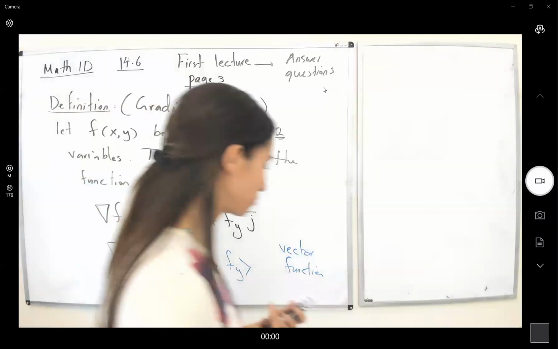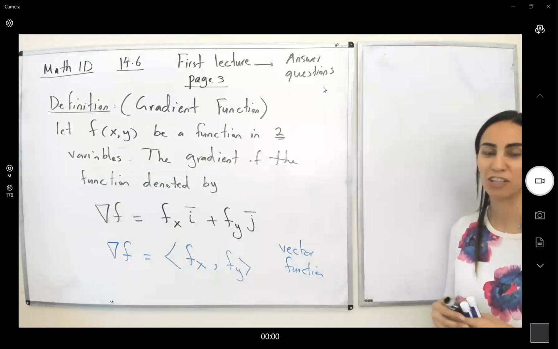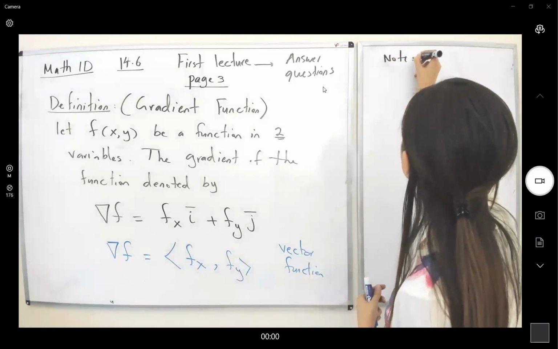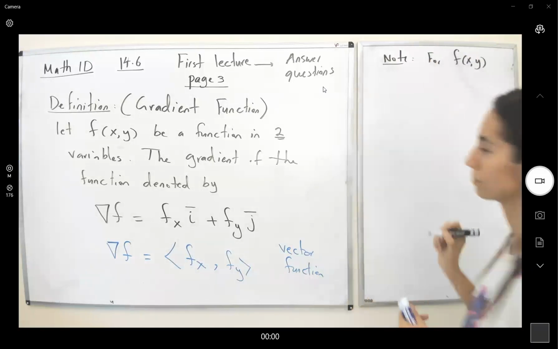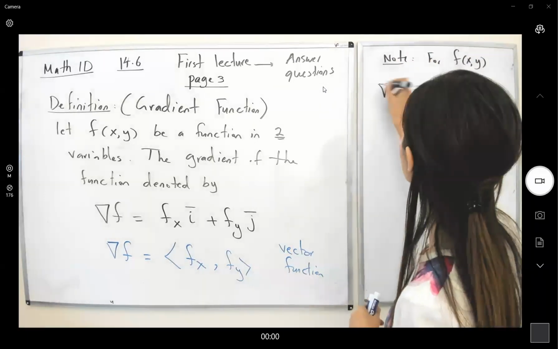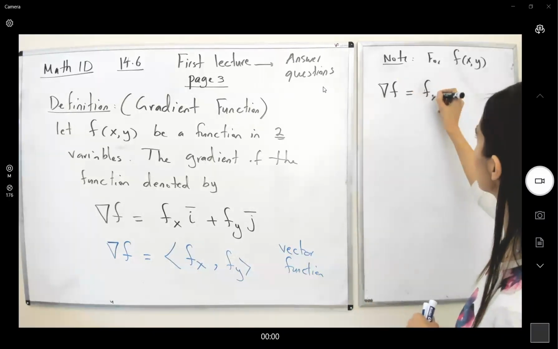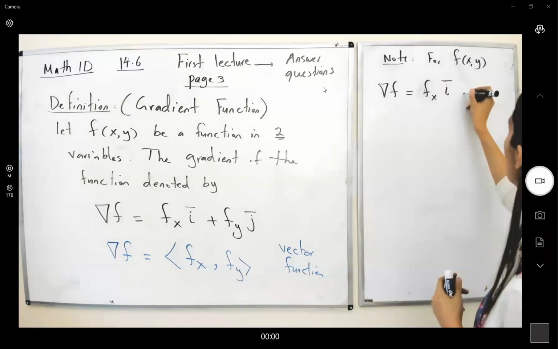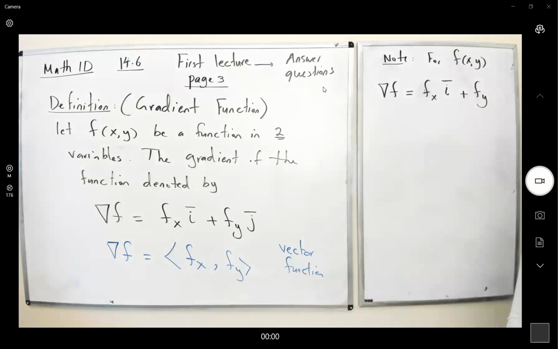Well, what is the connection between gradient of a function and the directional derivative? So note that for function f of x and y, the gradient of the function is defined as the partial derivative of f with respect to x in the direction of the x-axis plus the partial derivative of f with respect to y in the direction of the y-axis.